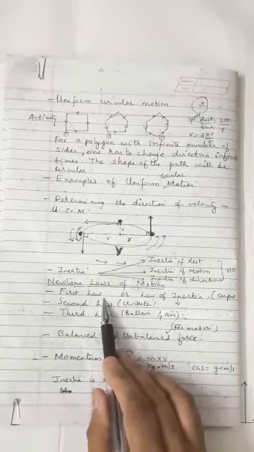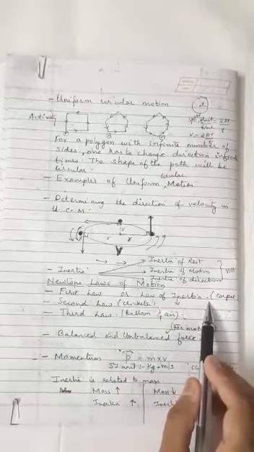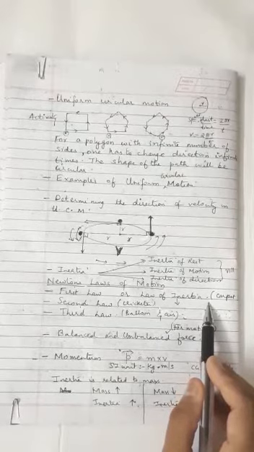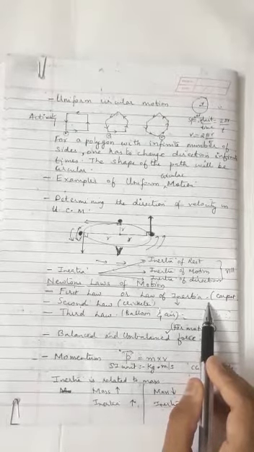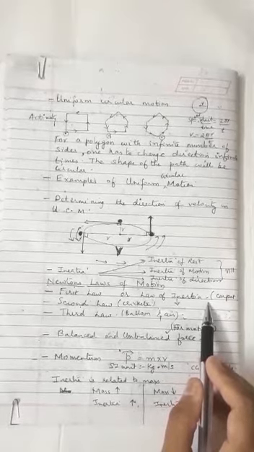Now, to show that Newton's first law is also called the law of inertia, let me take the example of a carpet. When we dust a carpet by hitting it with a bamboo stick, what happens to the carpet?